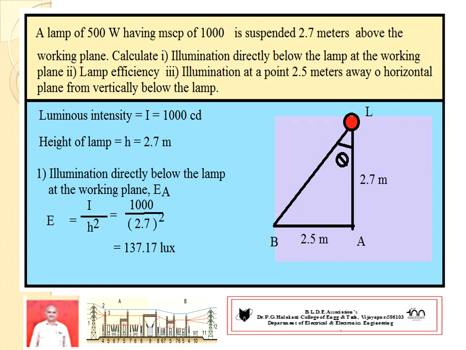That means the horizontal distance from point A is 2.5 meters. That is point B; calculate the illumination there. This is the problem. Try to understand.